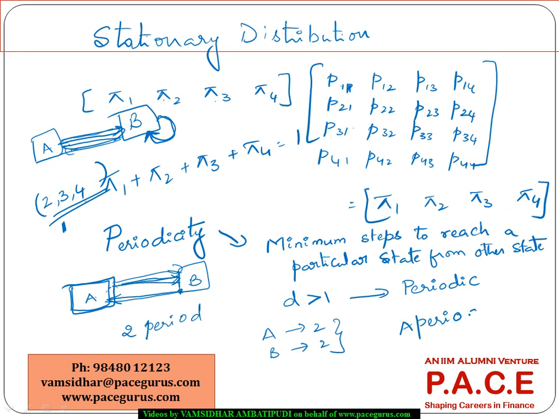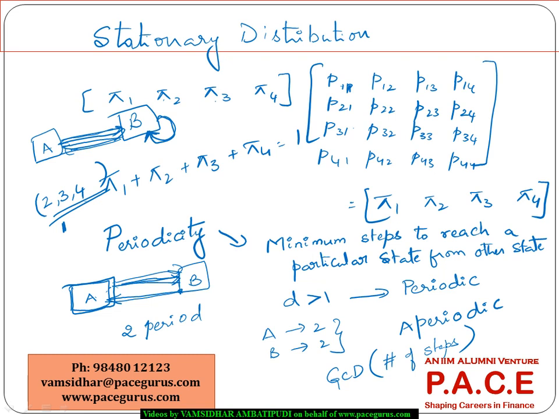That Markov chain is aperiodic, especially if the greatest common divisor of all the numbers of steps in which a state can be reached is equal to 1, then we say it is aperiodic, right?